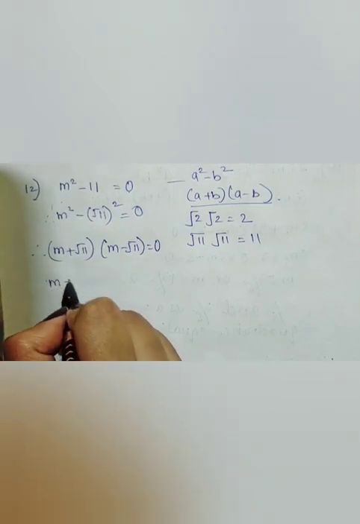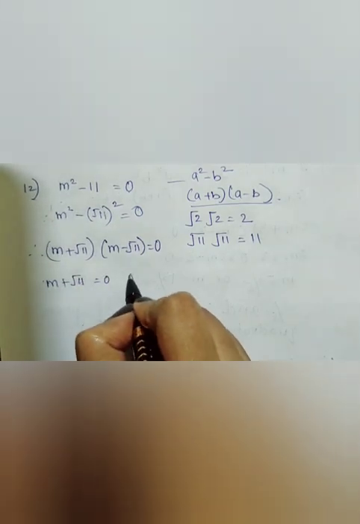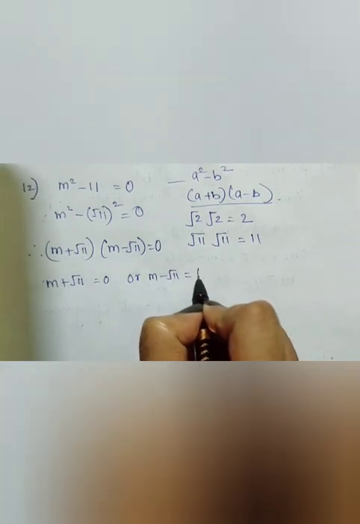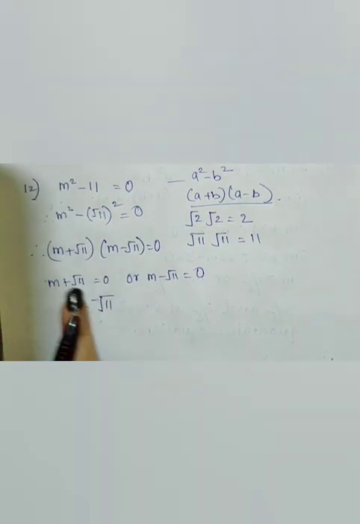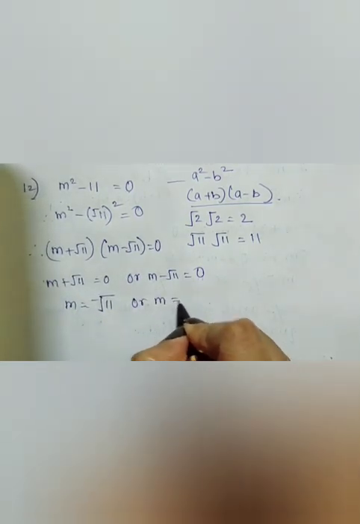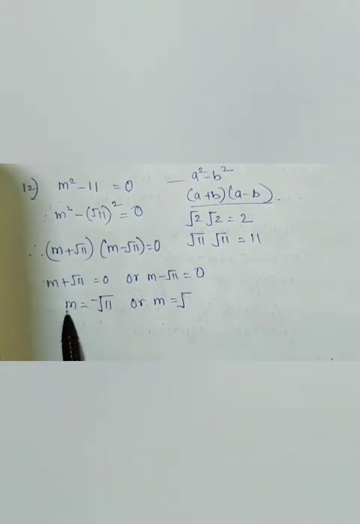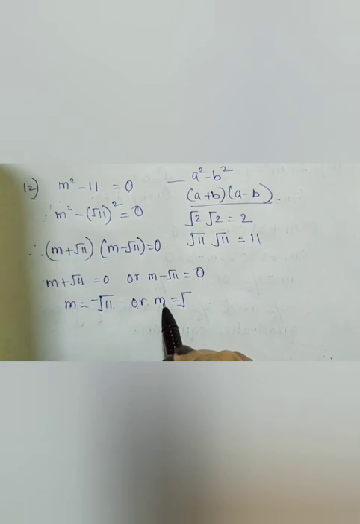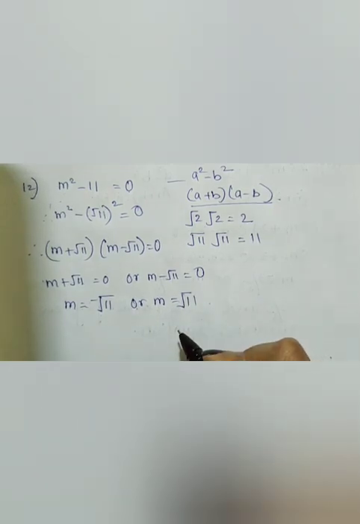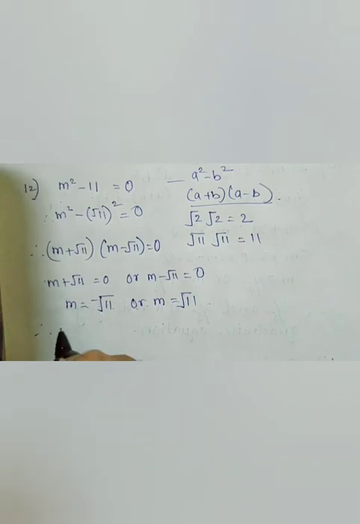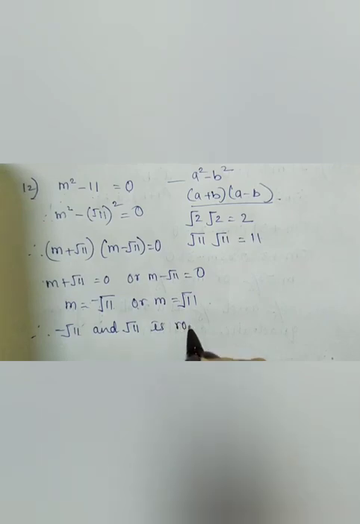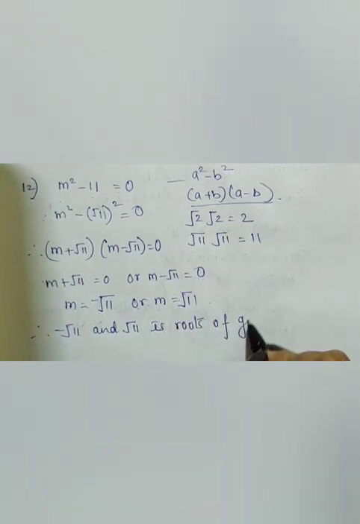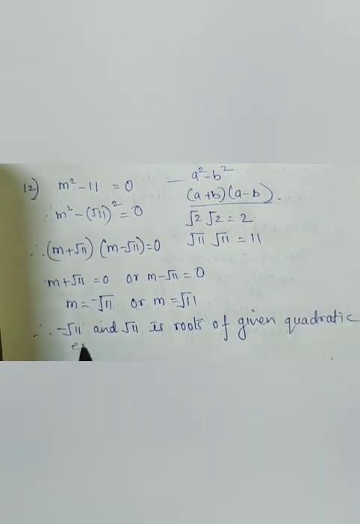Now we are going to write m plus root 11 equal to 0 or m minus root 11 equal to 0. m is equal to minus root 11, sign will change, or m is equal to root 11. I hope you are getting me. Now therefore minus root 11 and root 11 are roots of given quadratic equation.